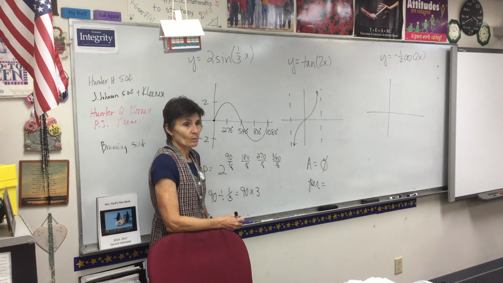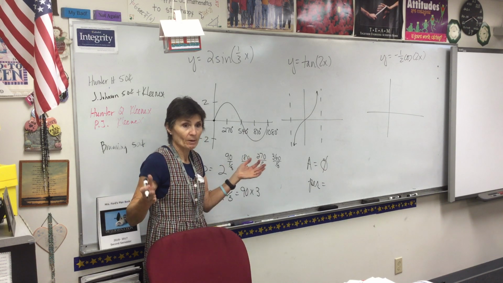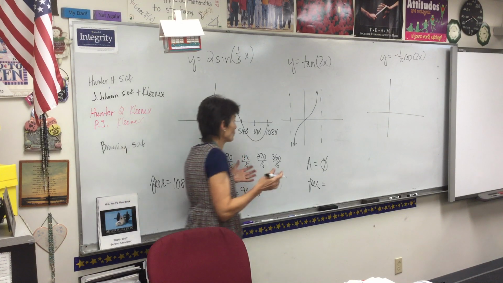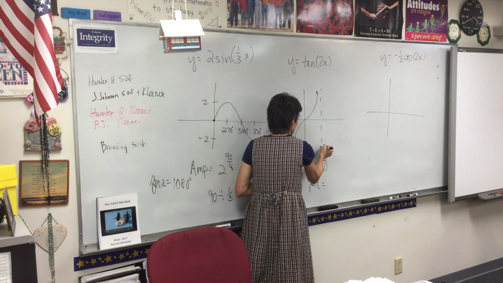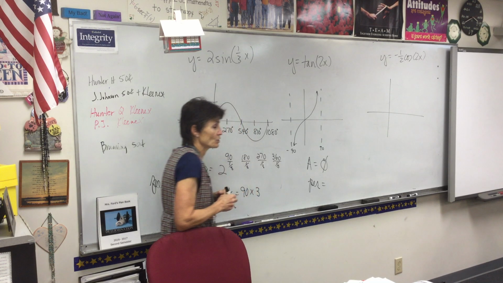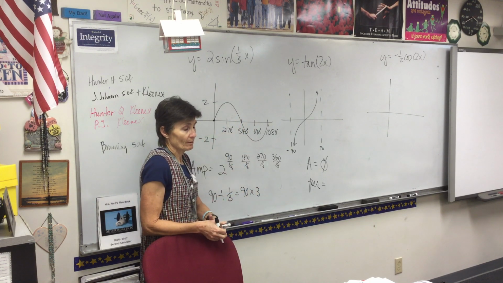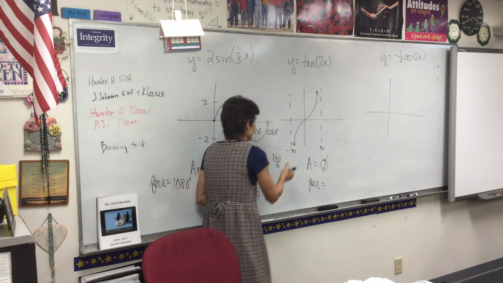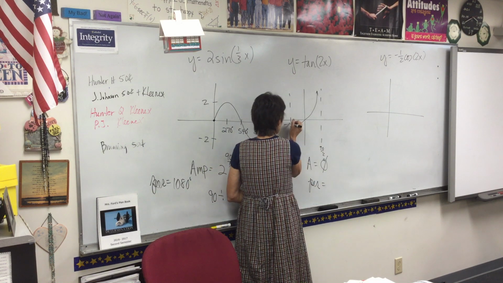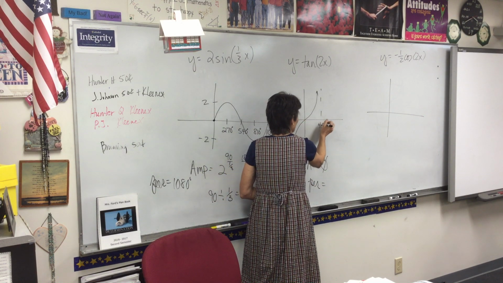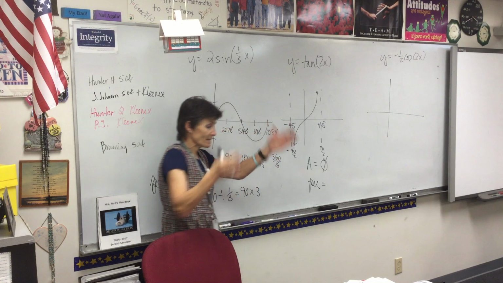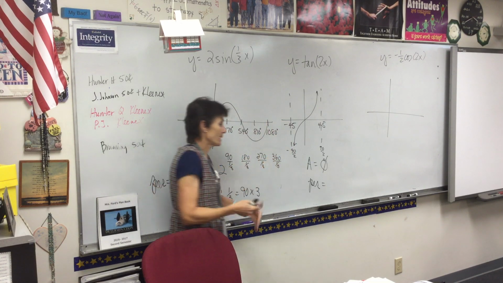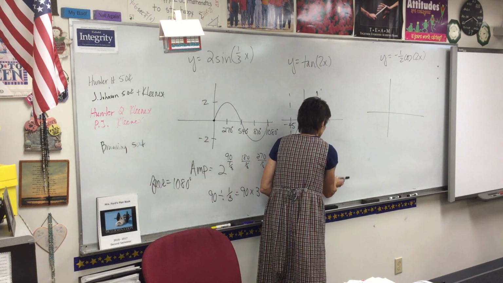Now, the period has to do with where the asymptotes are. The period's how far apart the asymptotes are. Well, normally they're from negative 90 to 90. That would be the normal situation. But what's happened up here? They've been divided by 2. So your labels are negative 45 to 45, which makes them how far apart? 90. So your period is 90 degrees.